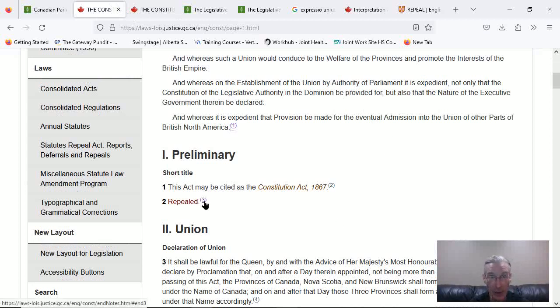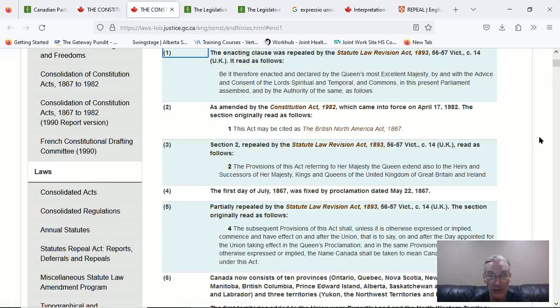We see endnote number 3, section 2, repealed. Let's see what that says. Section 2, repealed by the Statute Law Revision Act 1893, read as follows: "The provisions of this act referring to Her Majesty the Queen extend also to the heirs and successors of Her Majesty, Kings and Queens of the United Kingdom of Great Britain and Ireland."